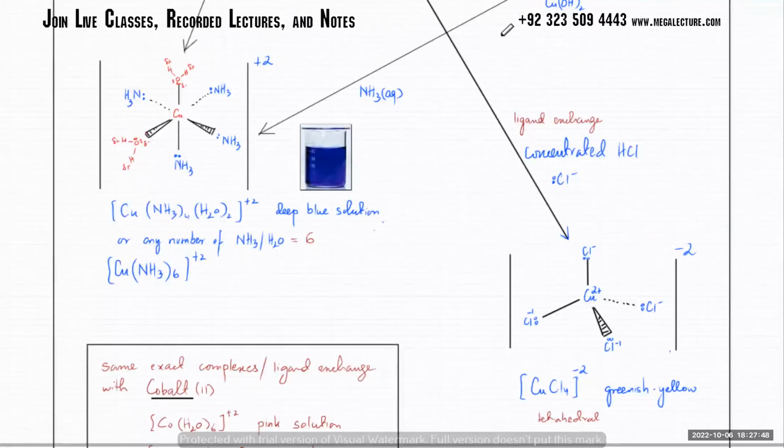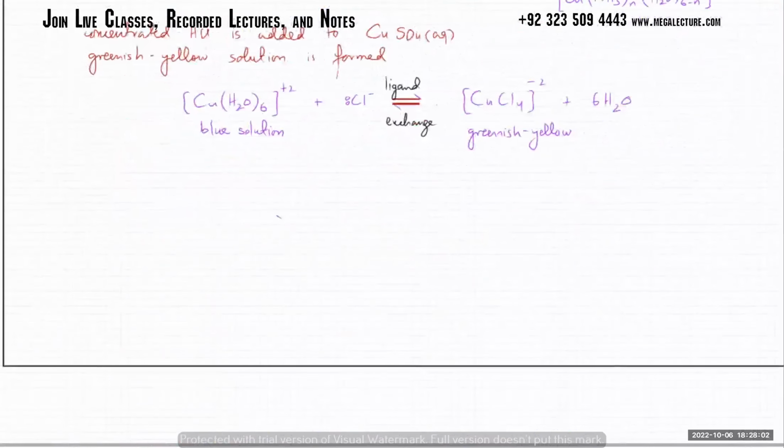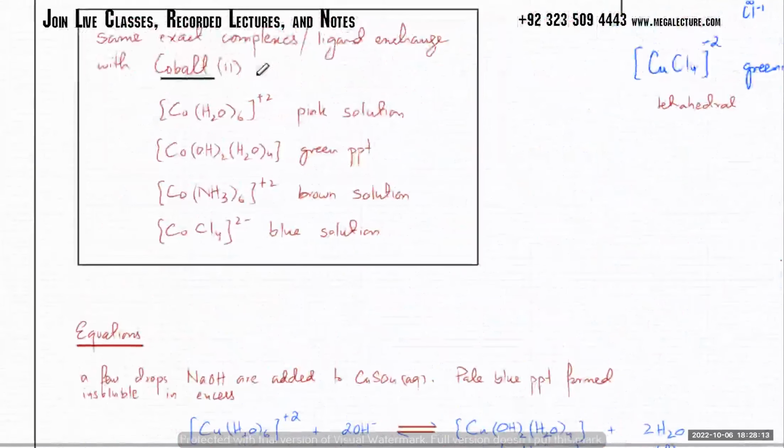अच्छा, now this covers all your ligand exchange reactions, but remember that for cobalt it's going to be the same reaction. Make sure you remember this: cobalt is going to have the same exact complexes, and the same exact ligand exchange is going to happen with cobalt 2 as well.